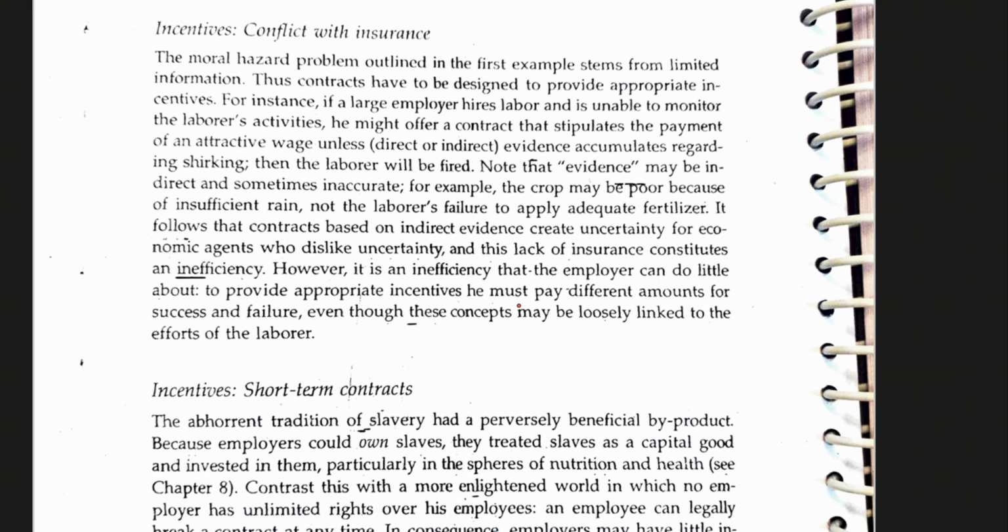Success and failure are loosely linked to the efforts of the laborer because even if there was failure, we're assuming that he did do hard work, whereas the rain did not come, so it was not his fault.